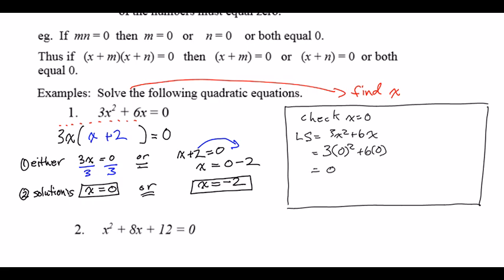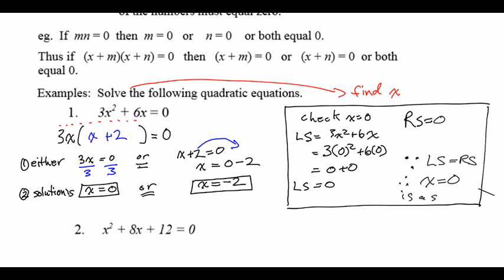Well, this is 0, and this is 0, so the overall is 0. The left side equals 0. The right side of our equation is also equal to 0. And since the left side equals the right side, therefore, x equals 0 is a solution.